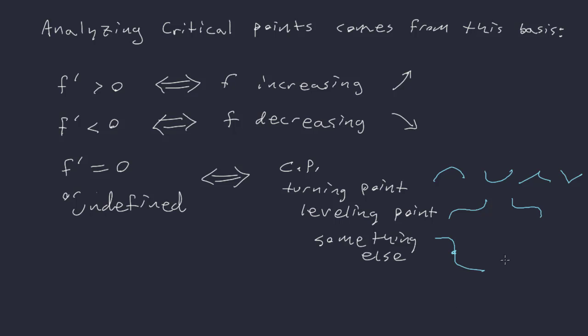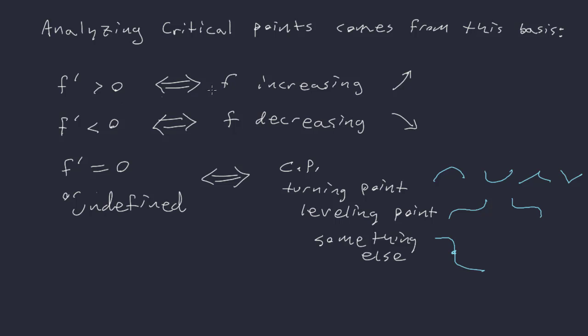Or it could just blow up. It could also be where the original function doesn't exist, so we wouldn't even have a critical point there. But other things can be happening in situations like this.